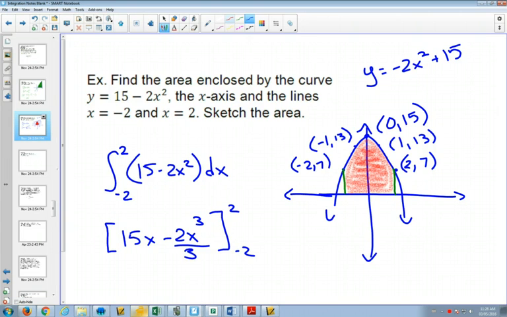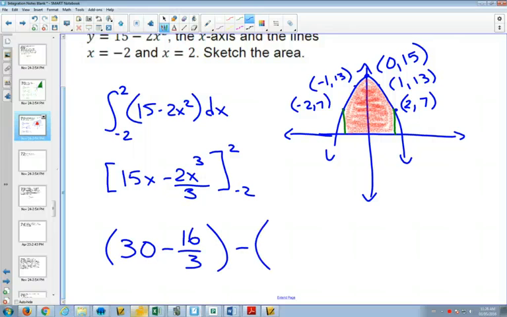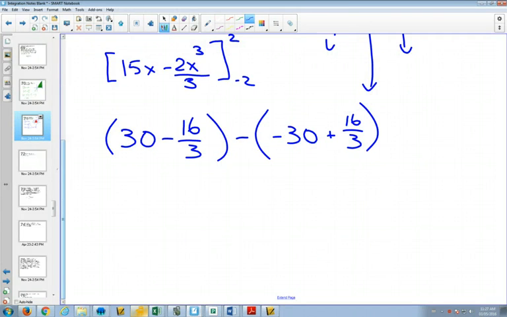And plug our values in. Distributing that negative, first of all, I'm going to put together my terms that are easy to add.